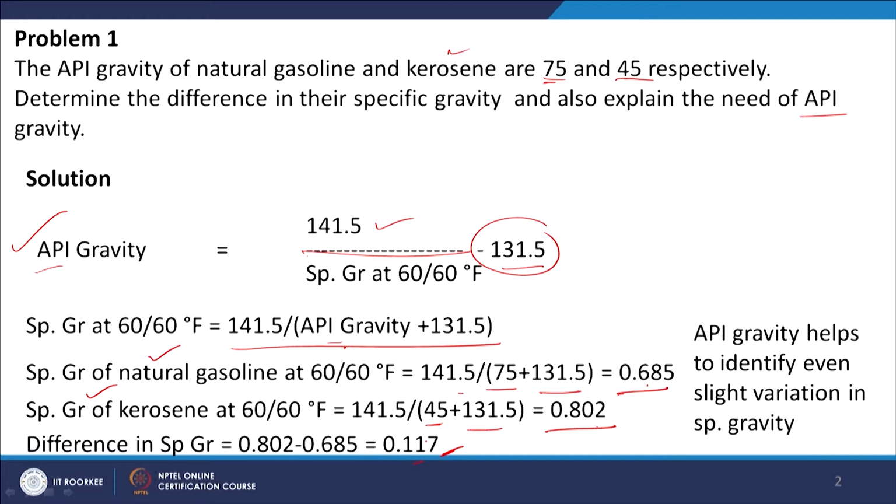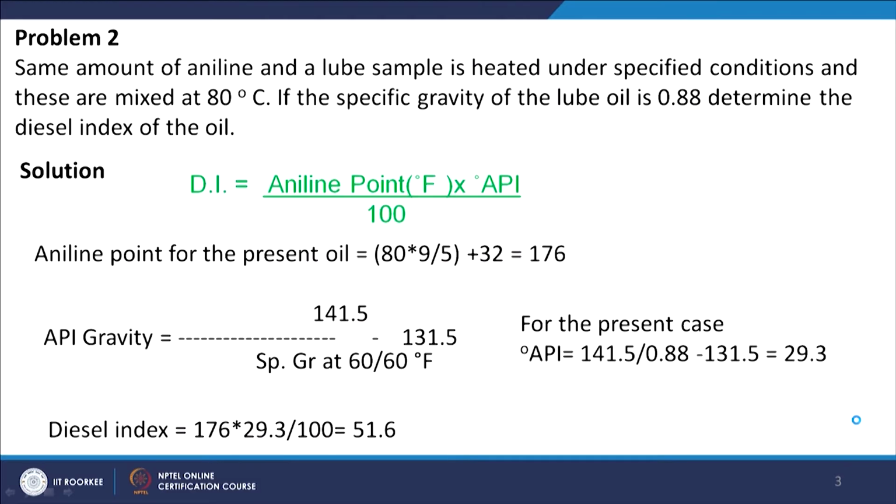So, with a smaller scale, it will be difficult to identify the different components. Once we increase this in terms of degree API, that is a difference of 30 where specific gravity differs by 0.117, we have a better chance to isolate and identify different fuel properties which are important for certain operations. That is the use of the API gravity unit.